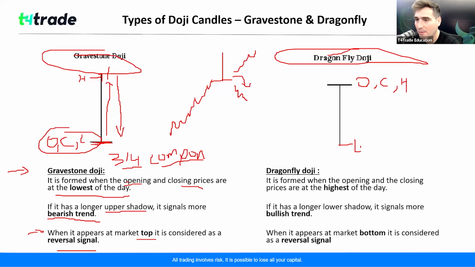So any gain or advance that was made by the bulls was eradicated by the bears within that specific time frame, bringing the price to where they see fit as the most appropriate equilibrium point, which is the open and close price at the same level, coinciding with the lowest of the day. That's why it's bearish when found in an uptrend.